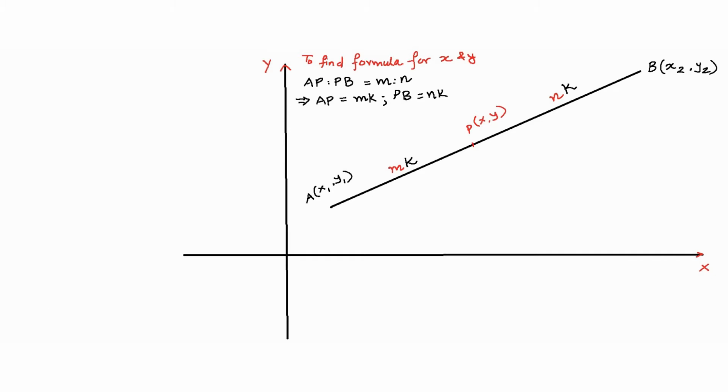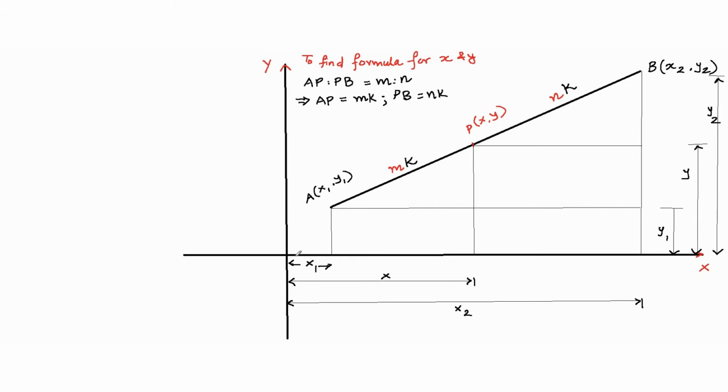Now let us mark a few x and y coordinates. We know that the distance between the y-axis and the different points is going to be their x coordinates. So this length is x1. The distance between the origin and the point M is x1. The distance between the origin and the point N is x, because that's the x coordinate of point P. The distance between the point O and R, the horizontal distance, is x2.